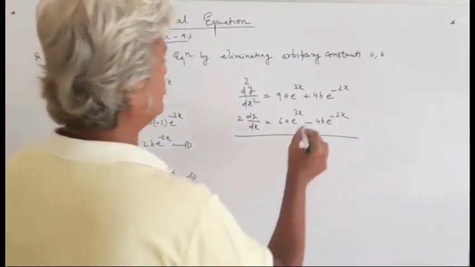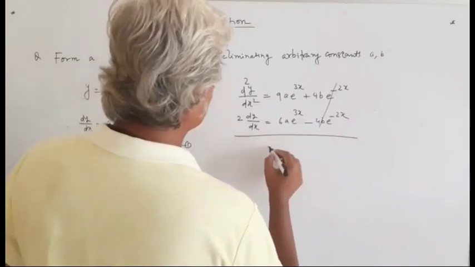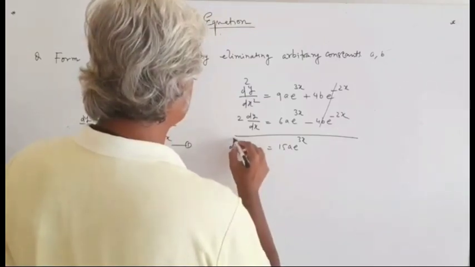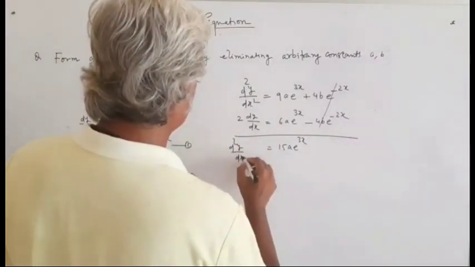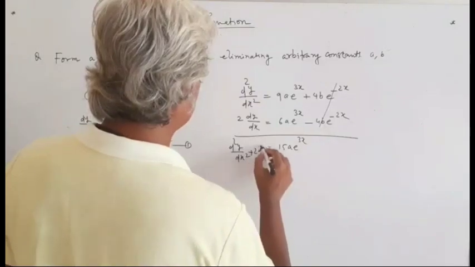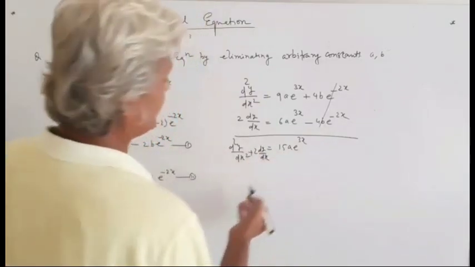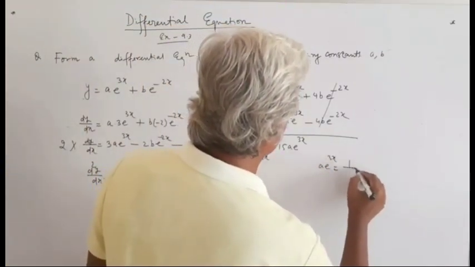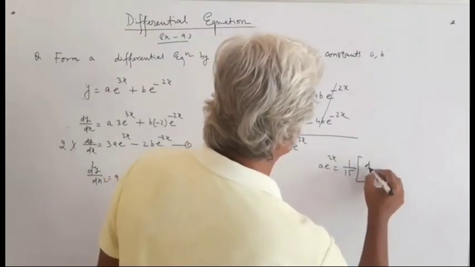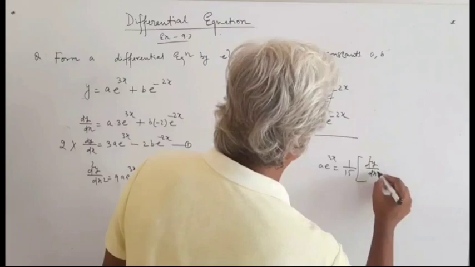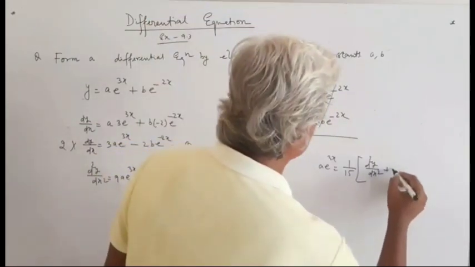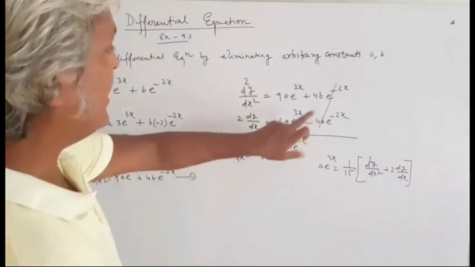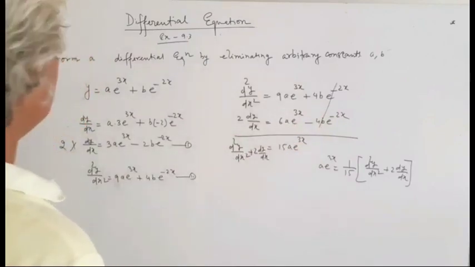If you add these two, then the b terms cancel, and you get 15a e to the power 3x as d square y over dx square plus 2 dy by dx. So your a e to the power 3x will be 1 over 15 times d square y over dx square plus 2 dy by dx.